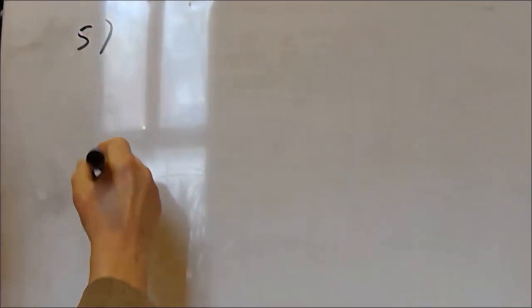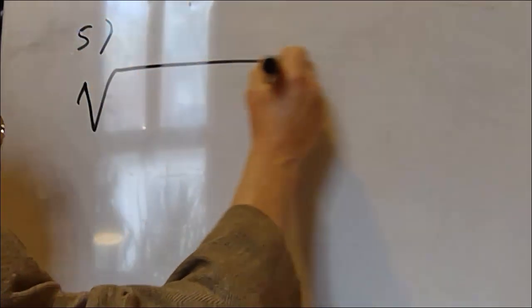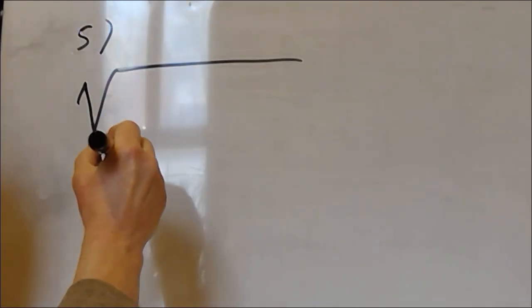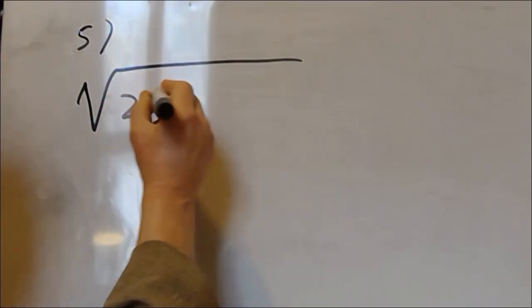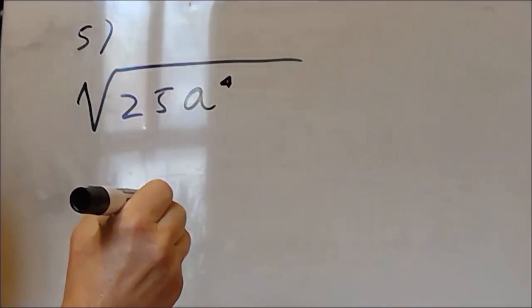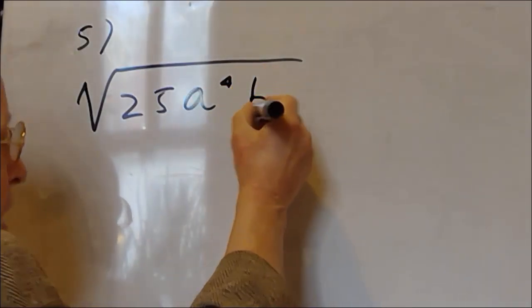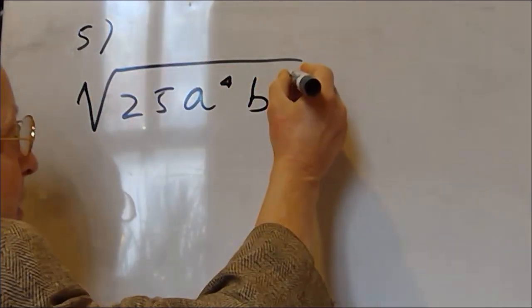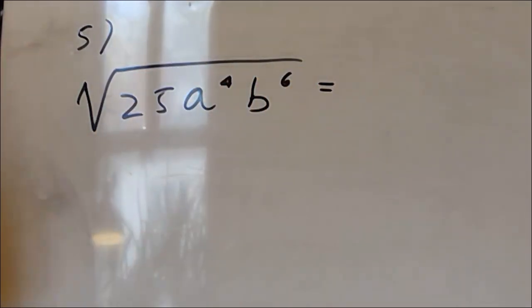So in example number 5, we have the square root of 25 a to the 4th b to the 6th. What I'm going to do is a little bit of bookkeeping using my product rule first.